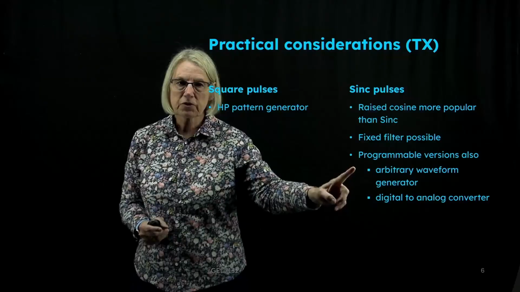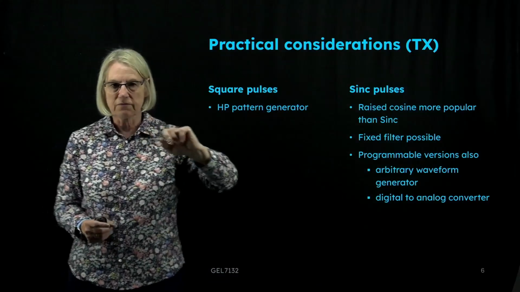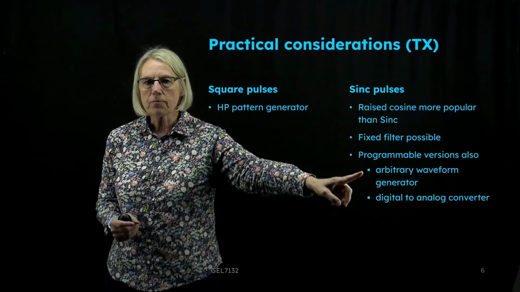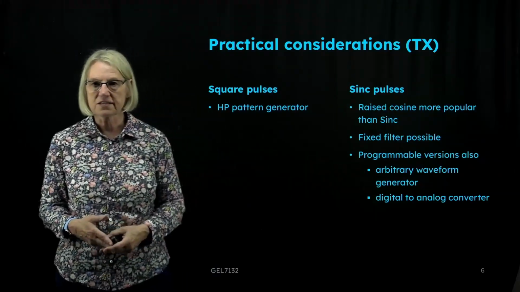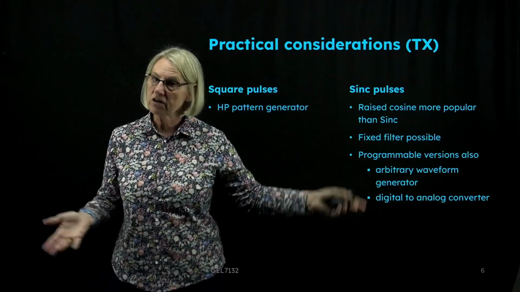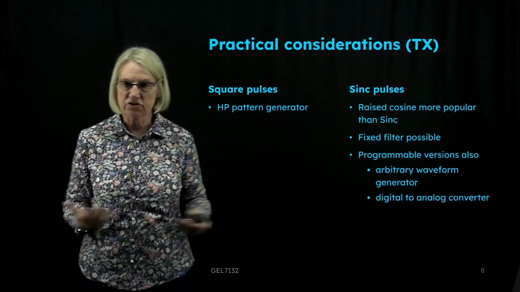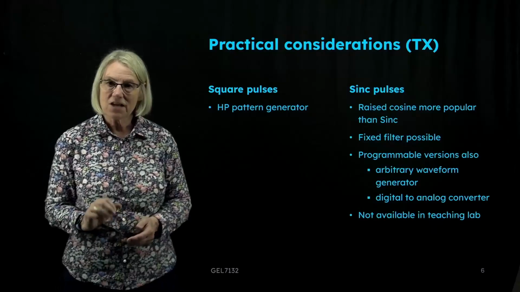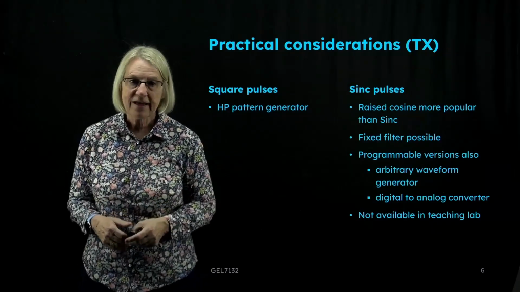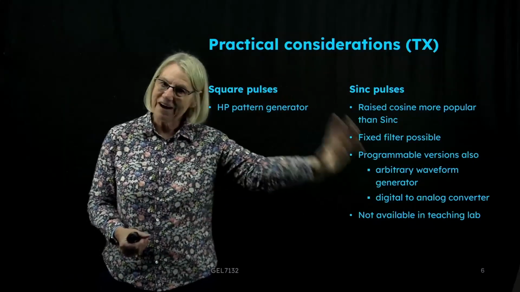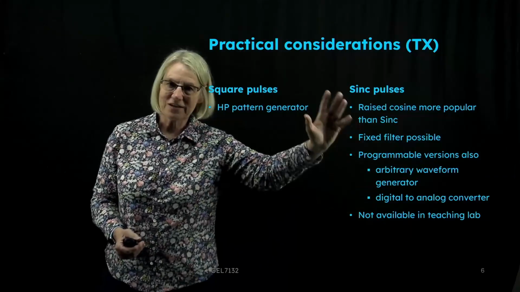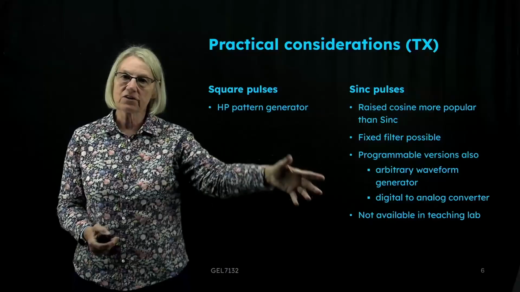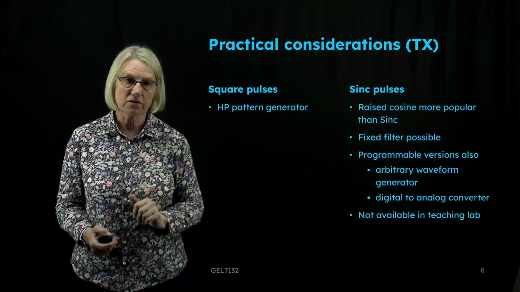Our hardware that creates programmable versions of this sinc pulse, instead of being a fixed filter, which could be an analog filter, would be an arbitrary waveform generator, the test equipment, or a digital to analog converter, two names for essentially the same equipment. However, this equipment is quite expensive, and it's not available in our teaching laboratory. Therefore, we're not going to really talk about sinc pulses at all. I just wanted to mention it now, but I'm going to focus on the square pulses, and in particular on the frequency content of these square pulses.